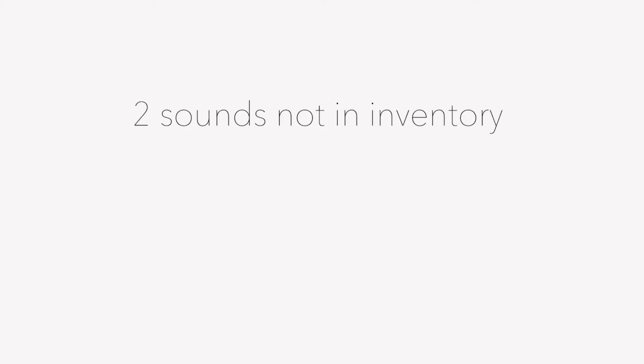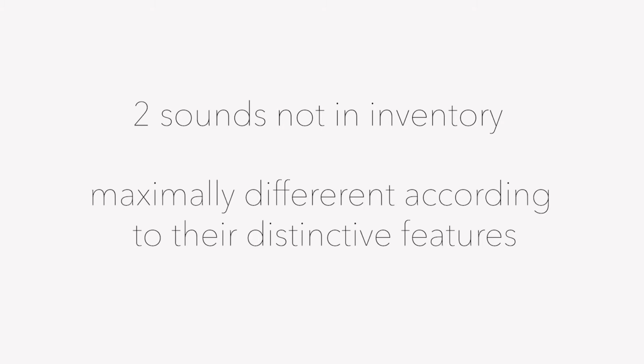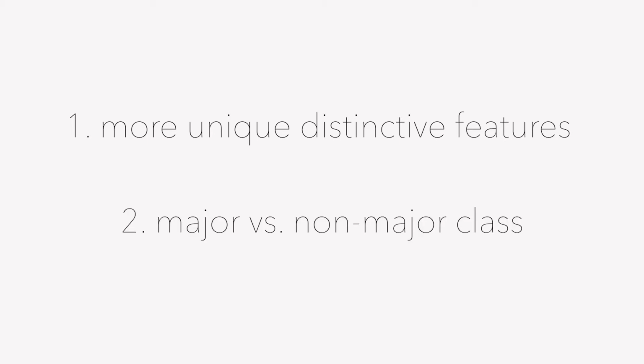Distinctive features are an important component of choosing targets. When you are choosing targets for the maximal oppositions approach, you want to choose 2 sounds that are not in a child's inventory, and you want to make sure those sounds are as maximally different as possible according to their distinctive features in 2 ways. 1, that there are more unique distinctive features, and 2, whether those features are major or non-major class.